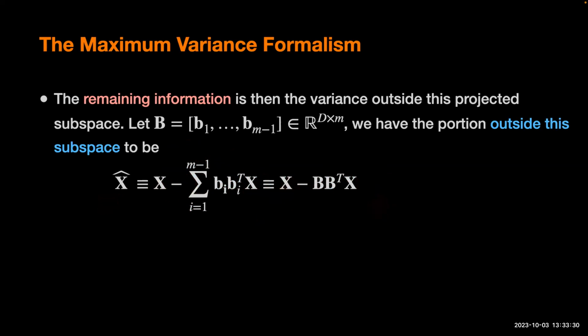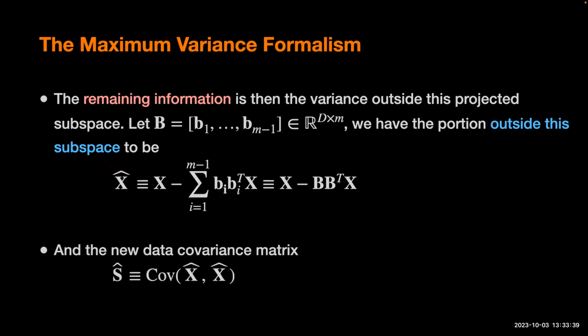What we try to do here is to find the direction that will maximize the extraction of the variance from X hat. So I have new transformed data, and I will call the new data covariance S hat.